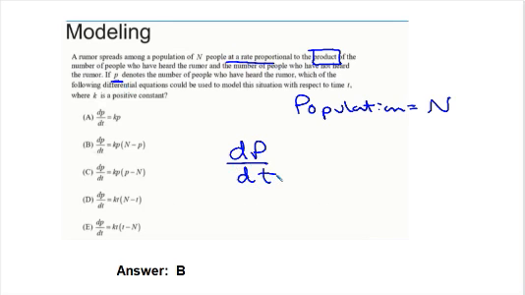dP/dt is equal to the number of people who have heard the rumor and the number of people who have not. So that's just kP times (n minus P).